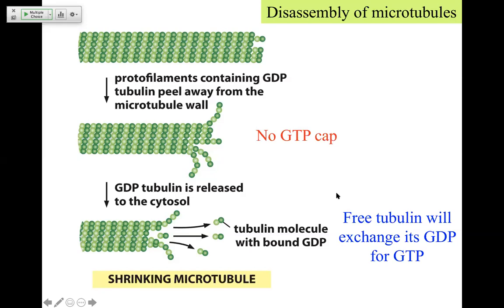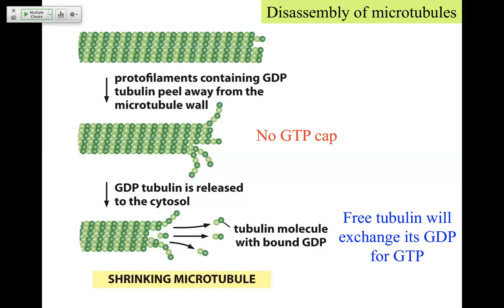Free tubulin can exchange its GDP for GTP, and more GTP bound tubulin can then add to a plus end and provide another GTP cap, allowing it to grow.